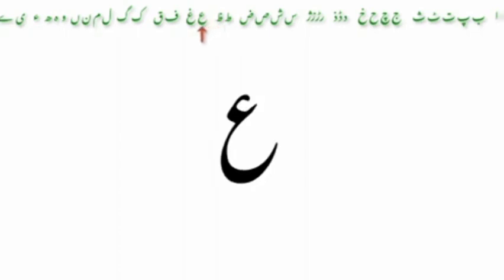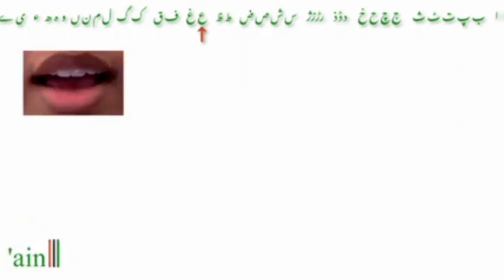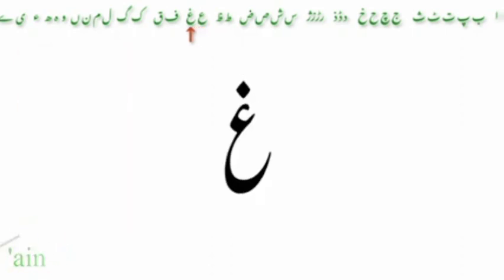The next two letters are a bit tricky, even for me. So it's ein, ein, ein, and then it's rein. Rein is going to be produced in the throat. What will help is to restrict the airflow.